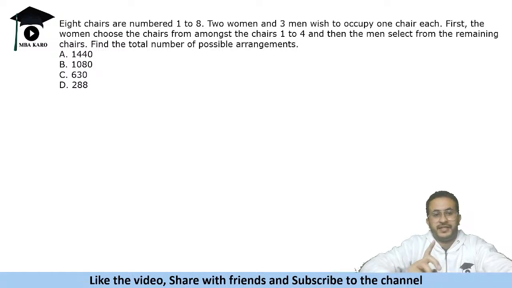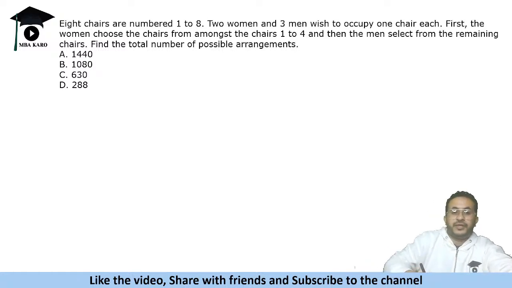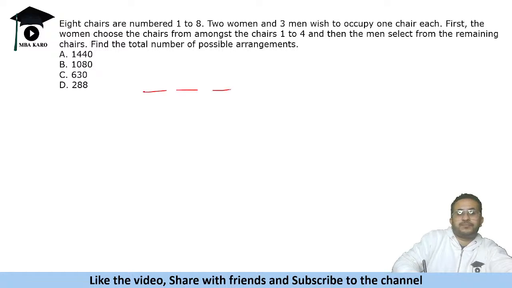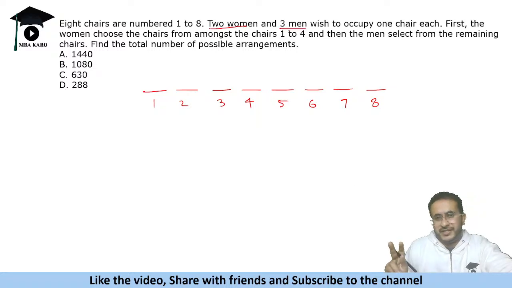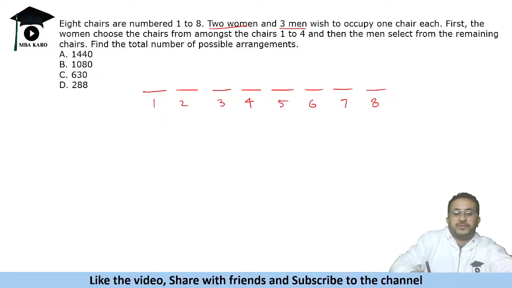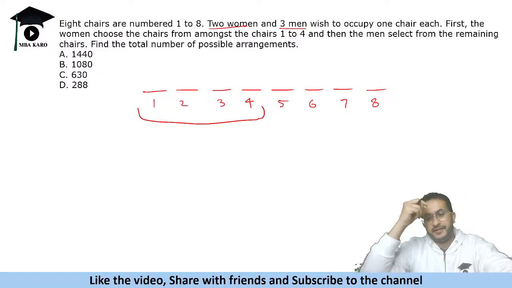So we are given that there are 8 chairs numbered 1 to 8. Two women and 3 men, they have to occupy one chair each. The women choose the chairs from 1 to 4. Let the women choose first. So in how many ways can the women choose?